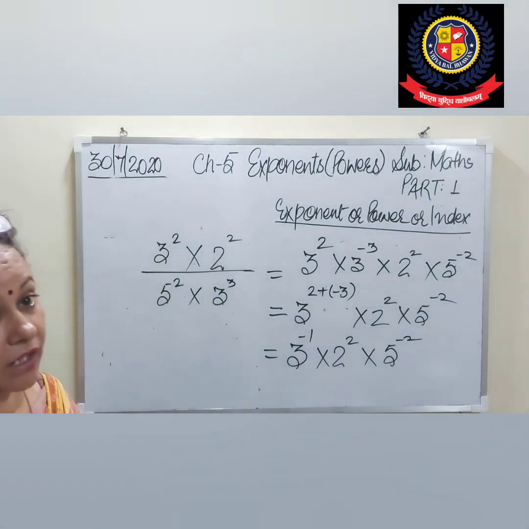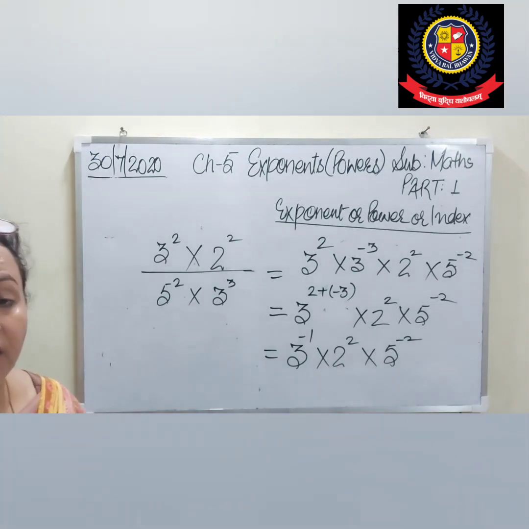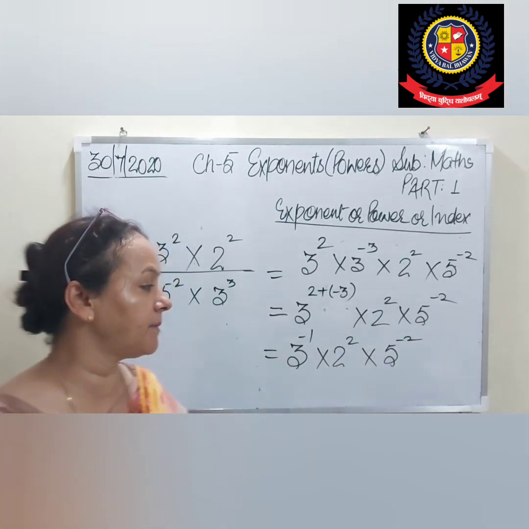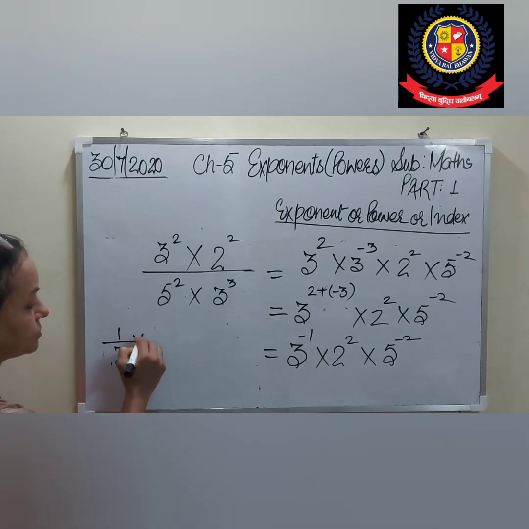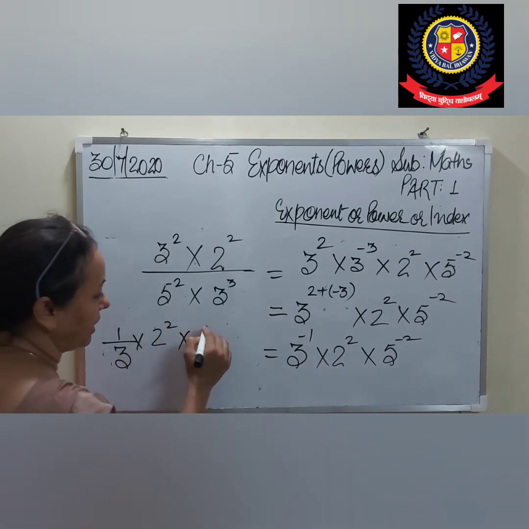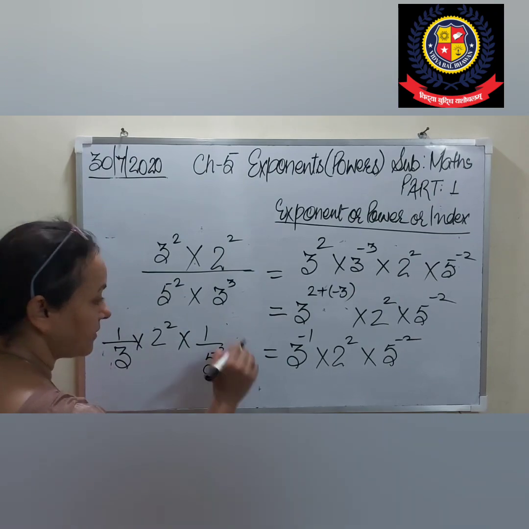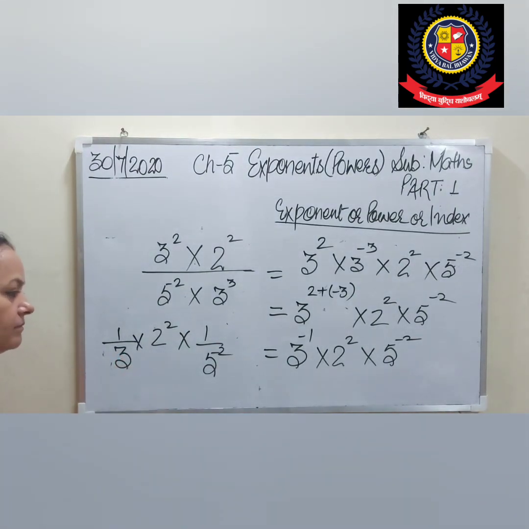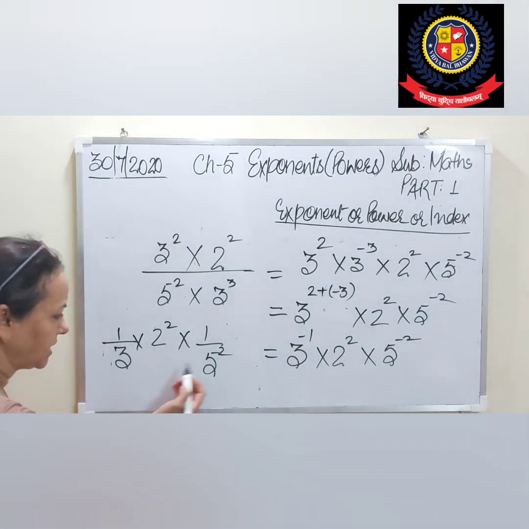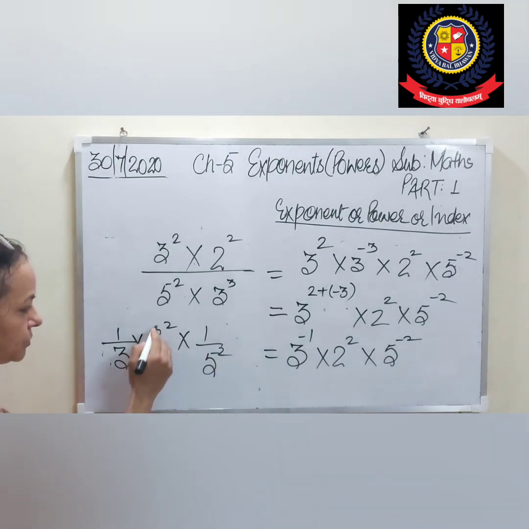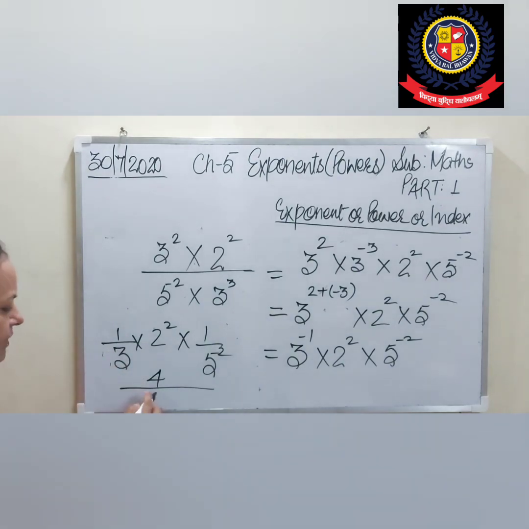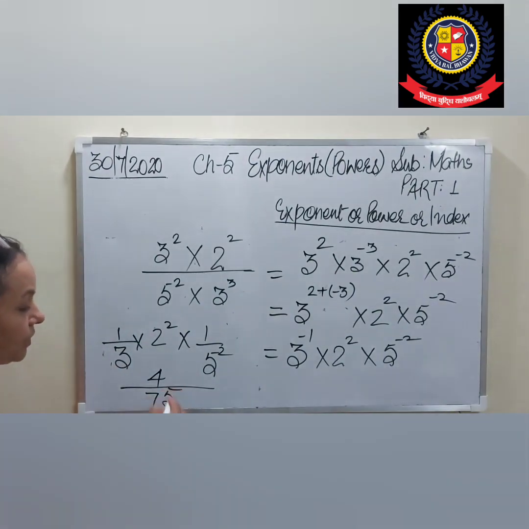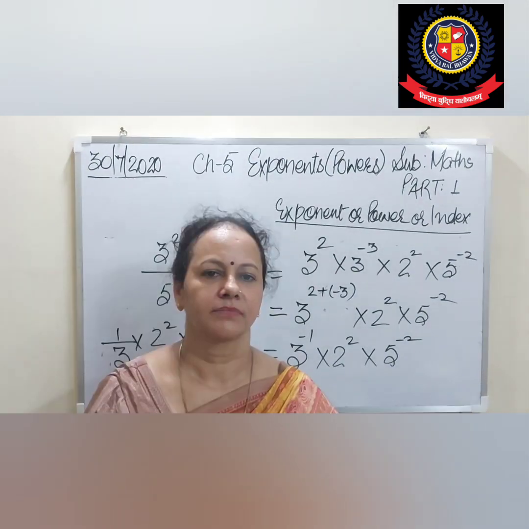And this is the exponential form. Instead of that, if they say simplify, then what will you do? 1 by 3 into 2 square into 1 by 5 square. Right? 3 to the power 1 means 3. So 5 5s are 25, 2 2s are 4 in the numerator, 4. 5 5s are 25, 25 3s are 75. This will be your answer.